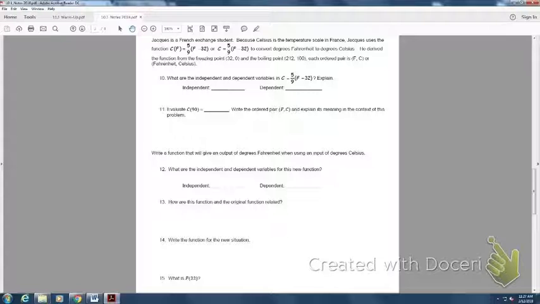So you've got this foreign exchange student, Jacques apparently, who came over from France, and he comes over here. He needs to know how cold it is outside. So he pulls out his iPhone, pulls up the Weather Channel app, and because he's in America and Siri knows exactly where you're at all times, which is scary, it converts it to Fahrenheit, but he can't compute that.